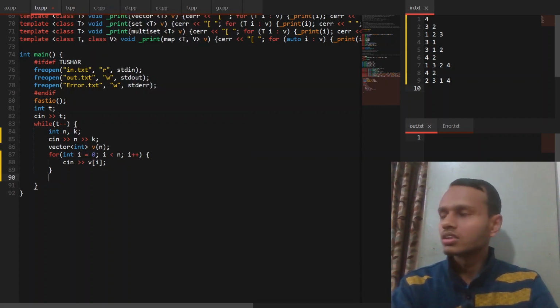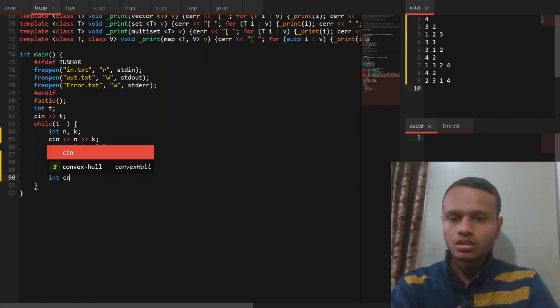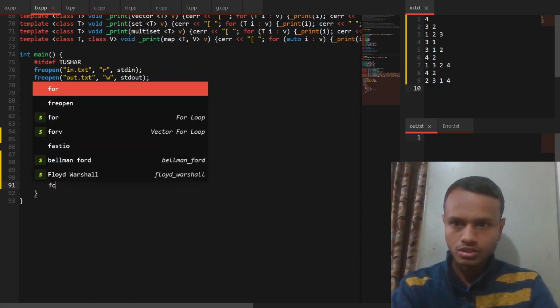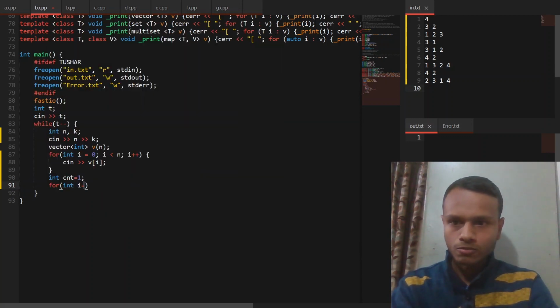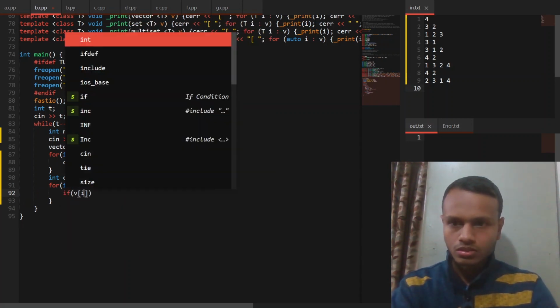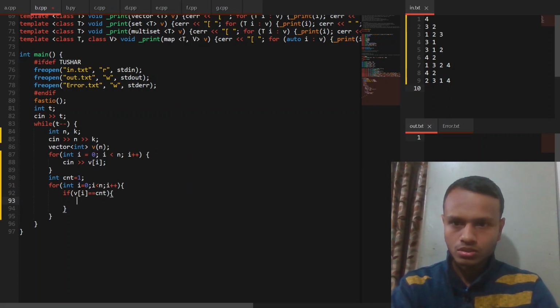so what I was saying is that let's say count is 1 initially, now for int i is 0, and if v of i is equal to count, then do count plus plus, right?